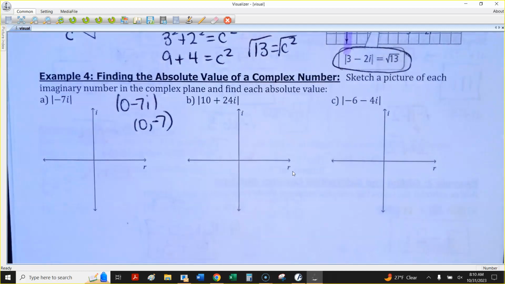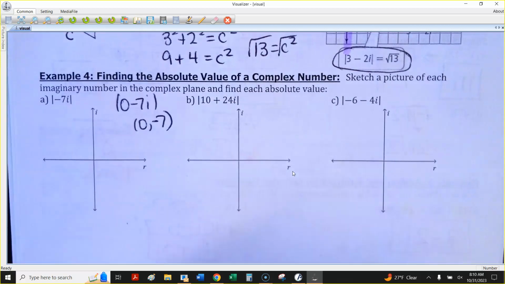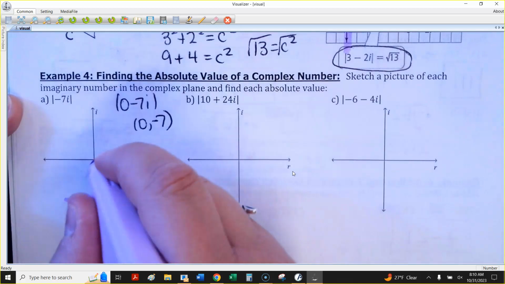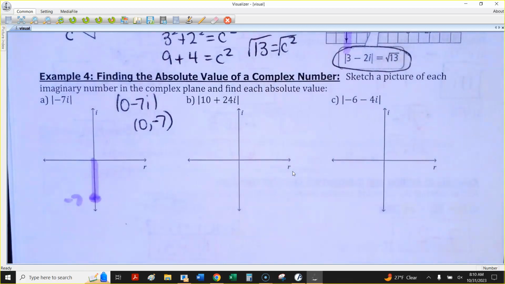Where you are used to seeing the x-axis, that's the real part. The imaginary part is where you have the i. If I were going to graph this, and I don't have this marked at all, let's say this was -7. This would not go left or right. The point would be right there. I'm just eyeballing something there.